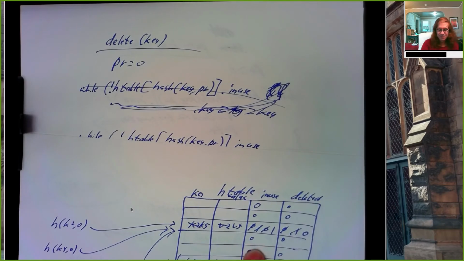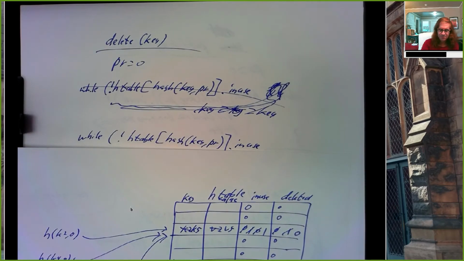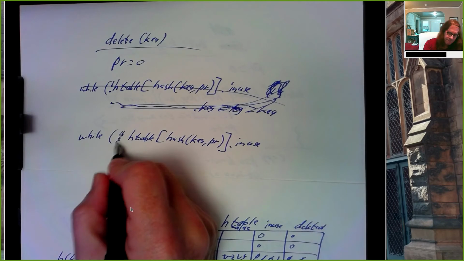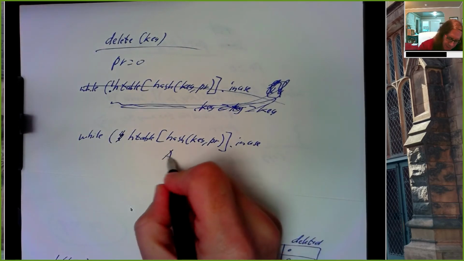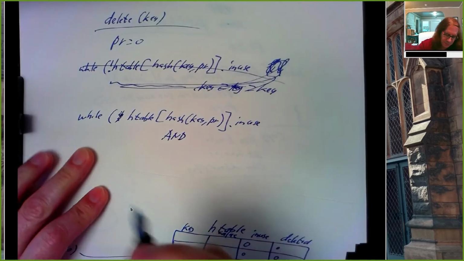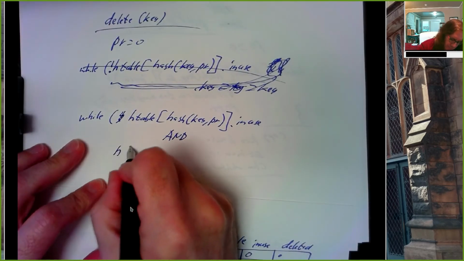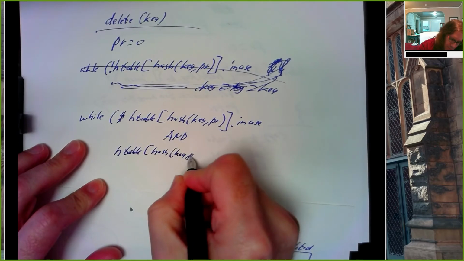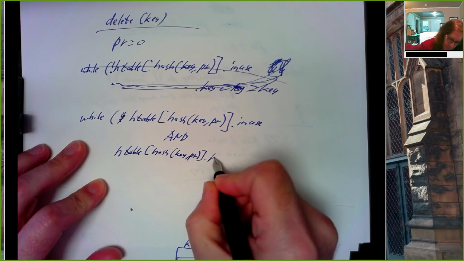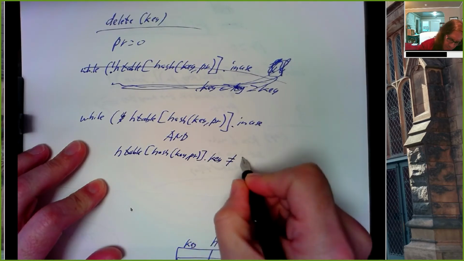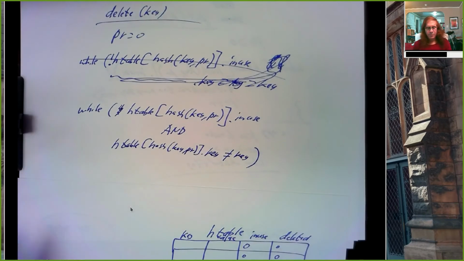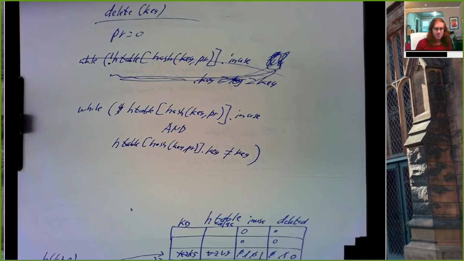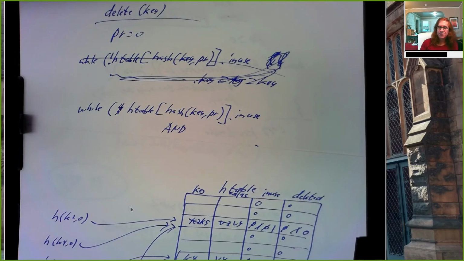If that in-use flag is not set, if that flag is set, and if that is set and the key is not equal to the key that you're looking for, then we need to rehash.